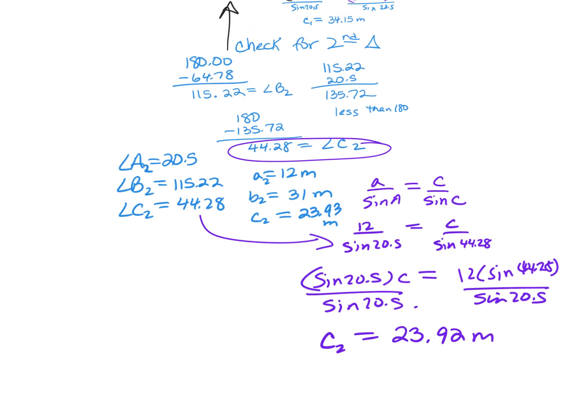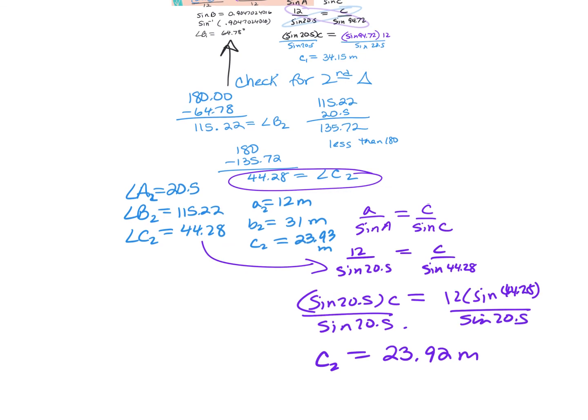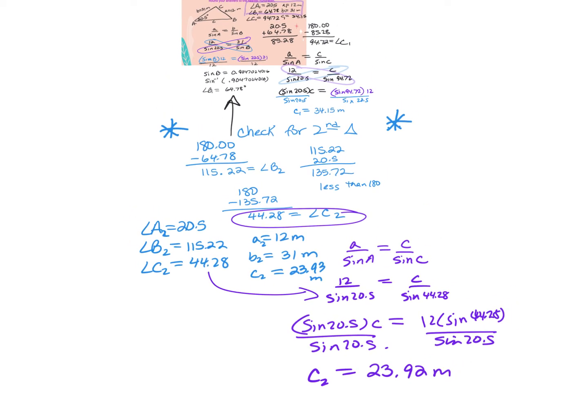So again, remember, when you have the situation where it's not the included angle, you need to do this check for the second triangle. So once you find the first missing angle that you need to find, then you can do the check, or you could just complete the first triangle, then just remember to go back and check for the second triangle.